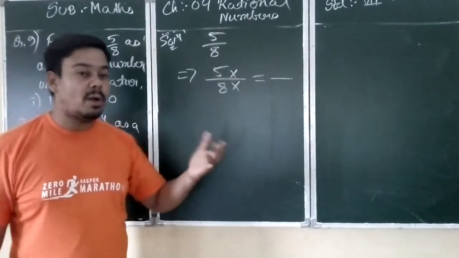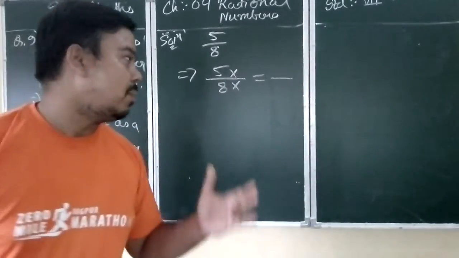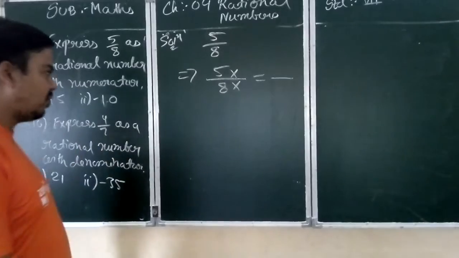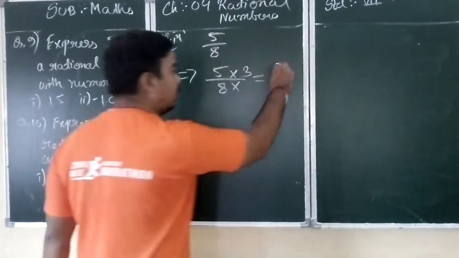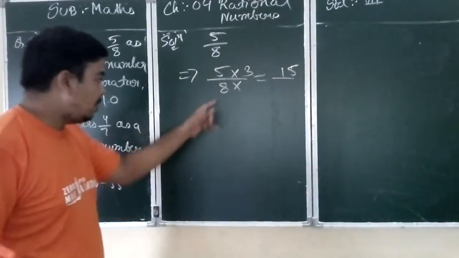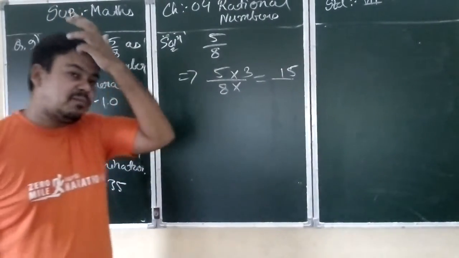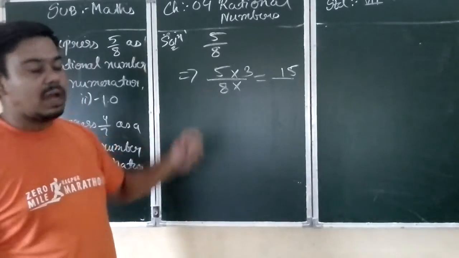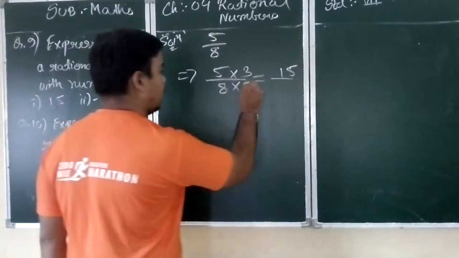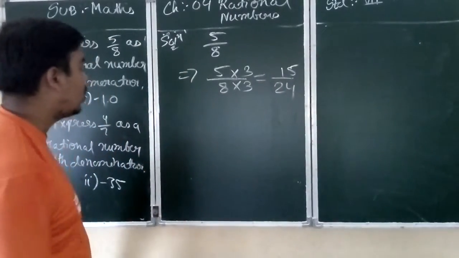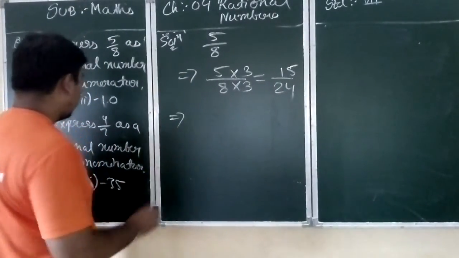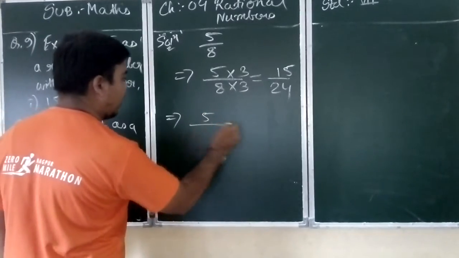The answer is 15, so we multiply by 3. 5 times 3 is 15. Same, if the numerator 5 is multiplied by 3, then 8 is also multiplied by 3. So 8 times 3 is 24.